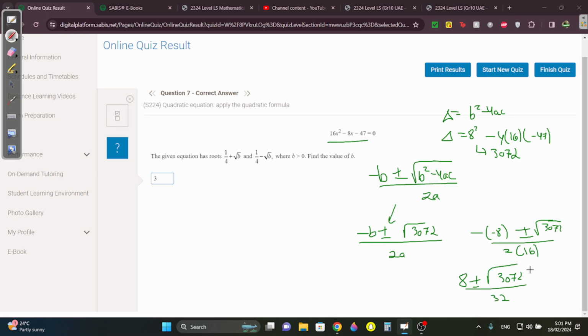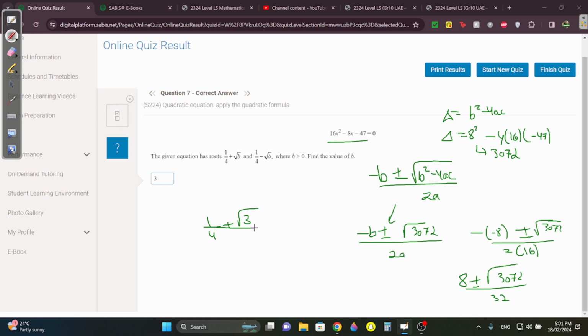Okay, put it in a calculator. You're gonna get 1 over 4 plus radical 3. Oh no, you'll get 1 plus radical 3. Wait, 8 plus radical 3072 over 32.